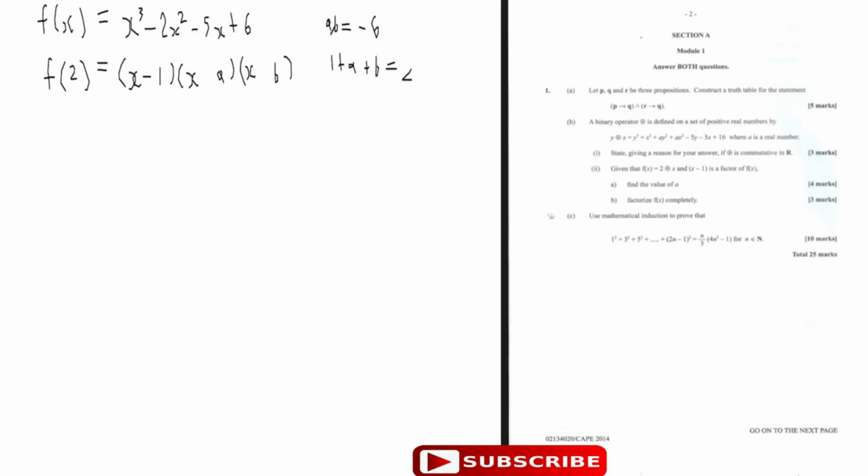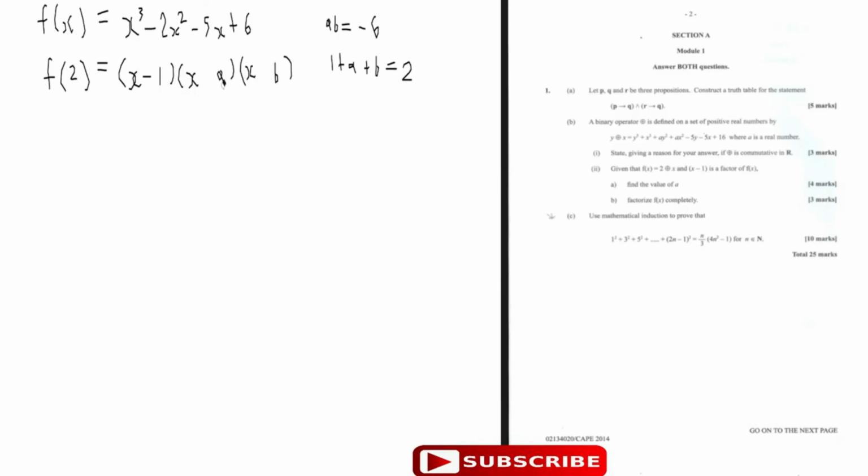So what must A and B be? Let's try 3 and negative 2. 1 plus 3 is 4, bingo, plus minus 2 is 2. So 3 and negative 2 works.